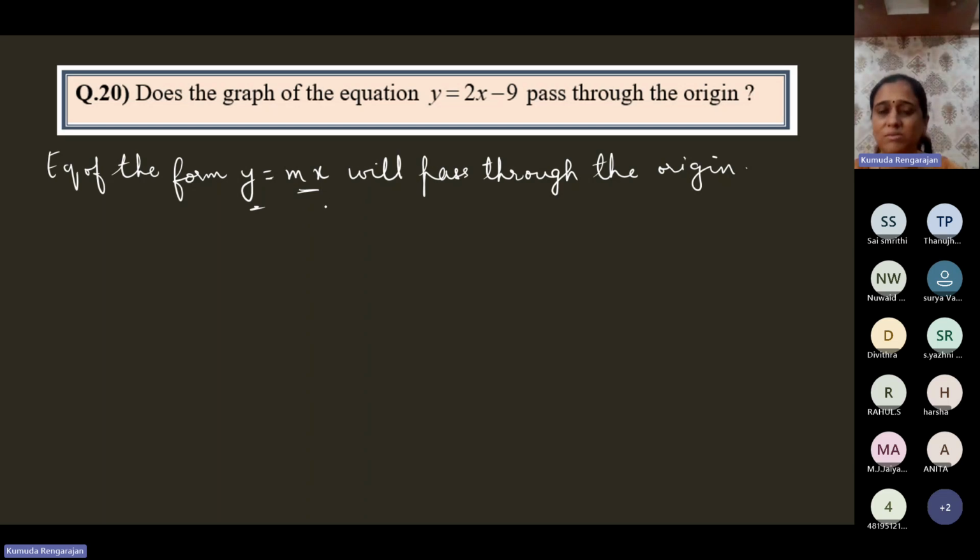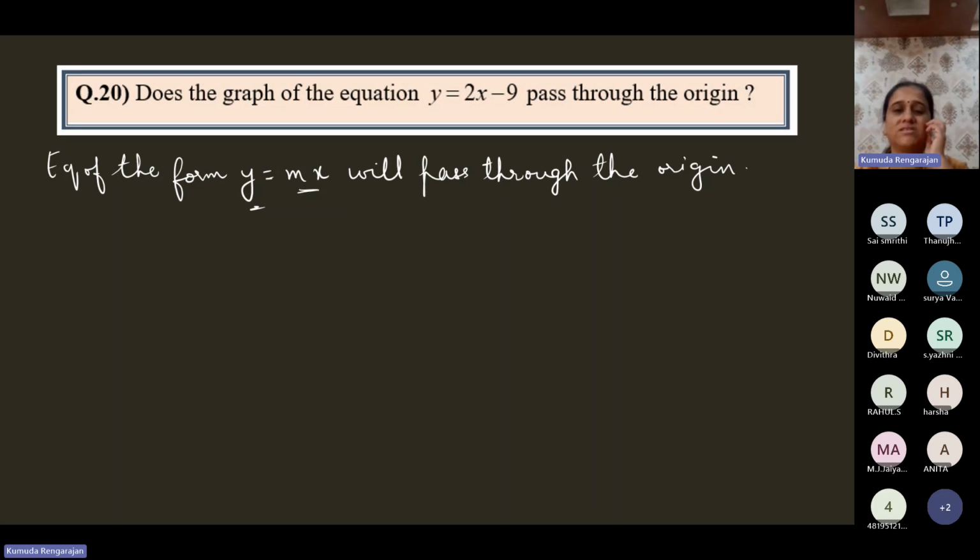The constant will be missing. That is, the constant will be 0. Such equations, the graphs of such equations will pass through the origin.